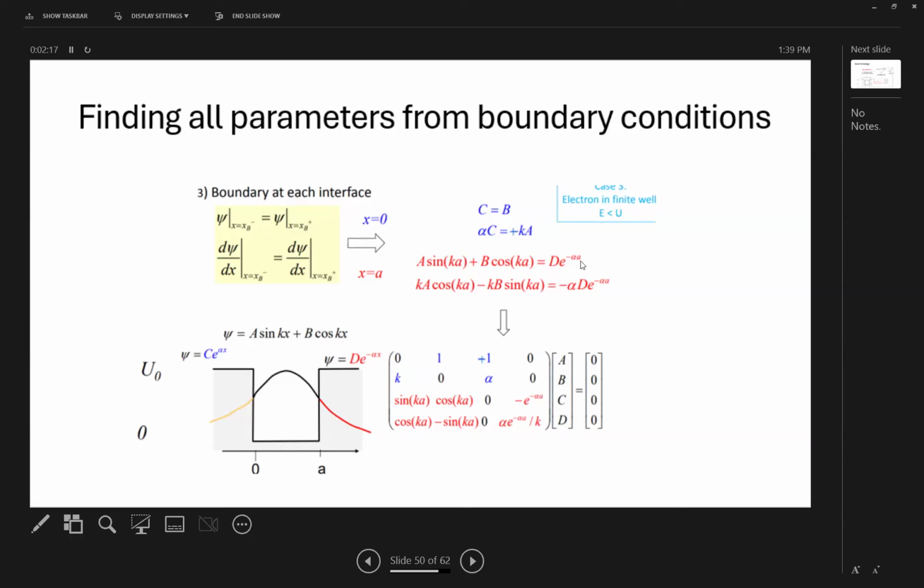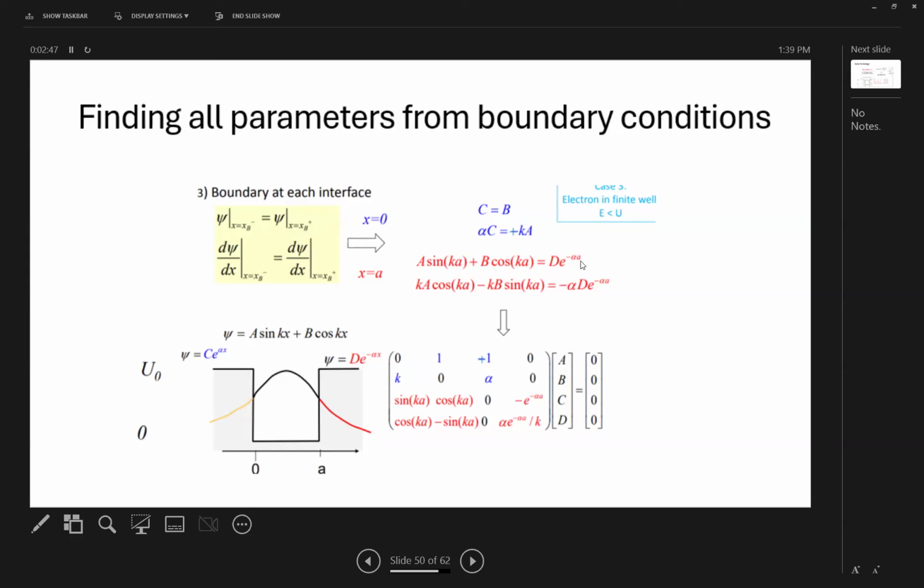This is very basic, but if you forget it, we cannot proceed further. Everyone follows up to this point, that in the case of an infinite well, all the standing waves must be zero at the boundaries. In the case of a finite well, the waves will spill a little bit. So we wanted to find out how this spilling looks.